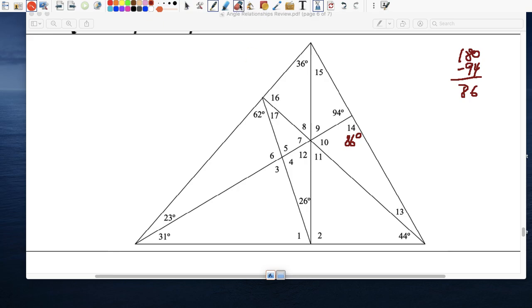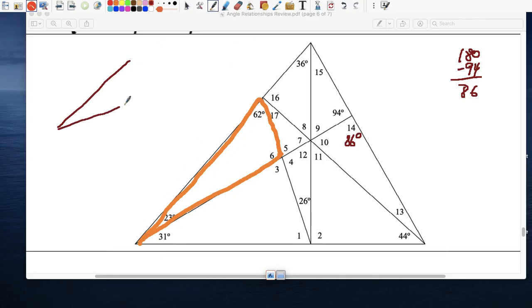To find angle 6, we're going to look at this triangle right here. If I can make a straight line, we're going to look at this triangle. I need to focus on that. All right, let me take that triangle to the side here. It looks like this. If you focus on that, they give you that this guy is 62 degrees.